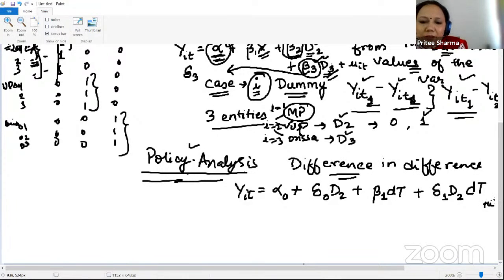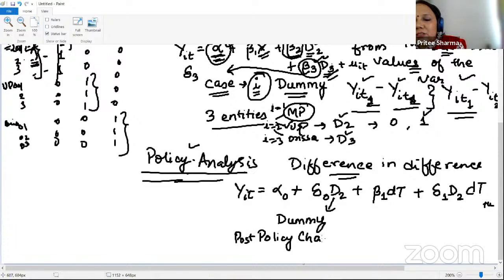Now how are we going to analyze this? What are the terms to note here? See, this is the estimator. Here, D2 is the dummy which is going to represent post-policy change.